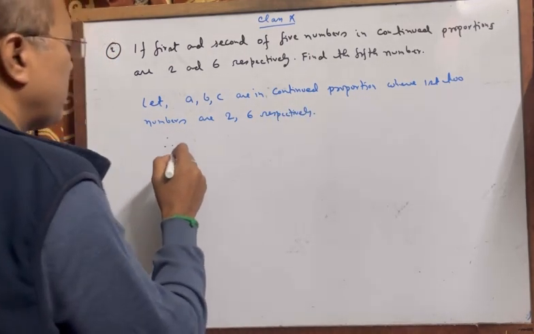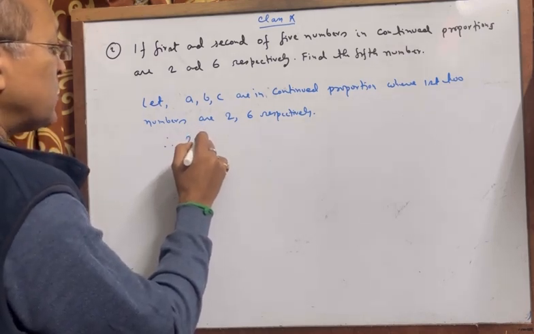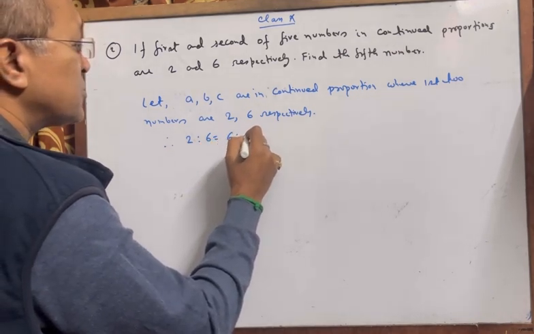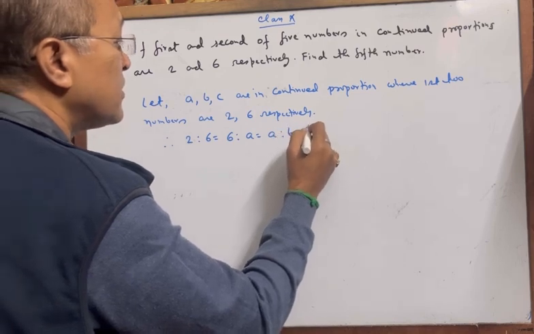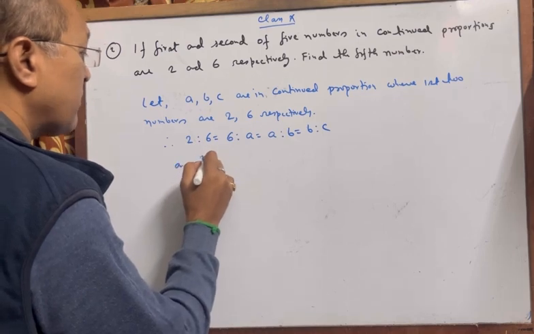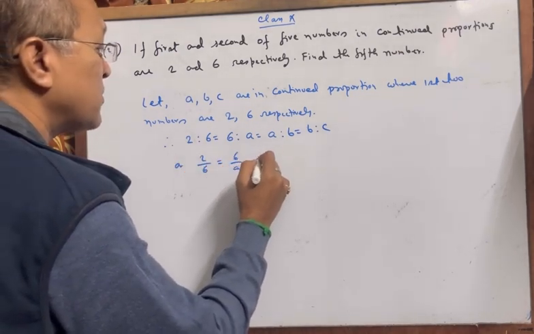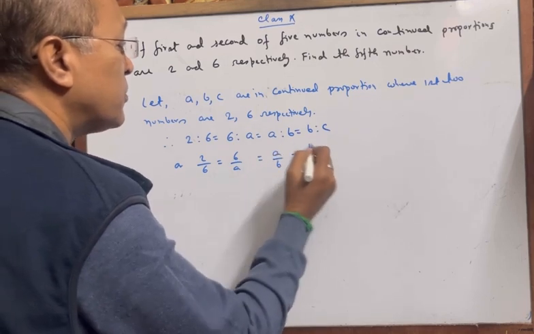Therefore you can say 2 is to 6 is equal to 6 is to A is equal to A is to B is equal to B is to C. Or you can say 2 by 6 is equal to 6 by A is equal to A by B is equal to B by C.